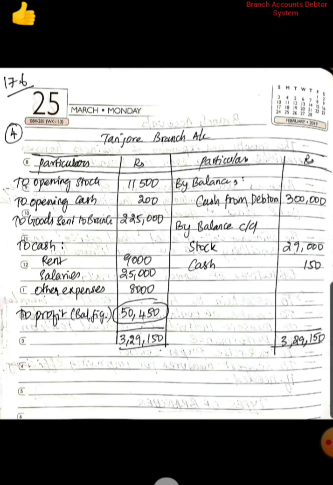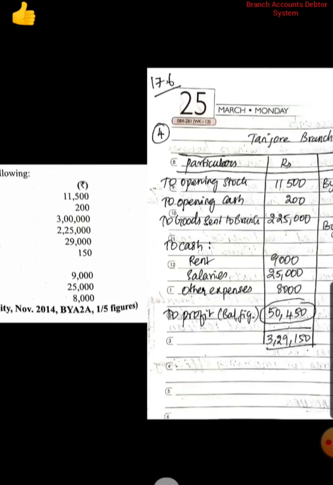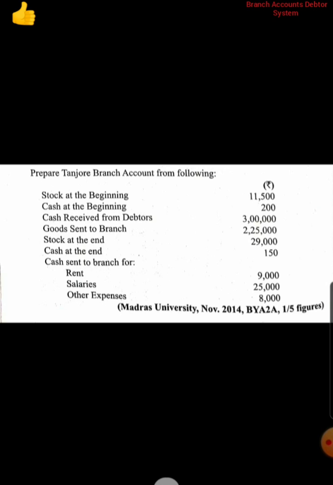Then the next one, we have goods sent to branch, 2,25,000. This will be recorded on the debit side. And next we have stock at the end. Closing assets are given, stock at the end and cash at the end, 29,150.